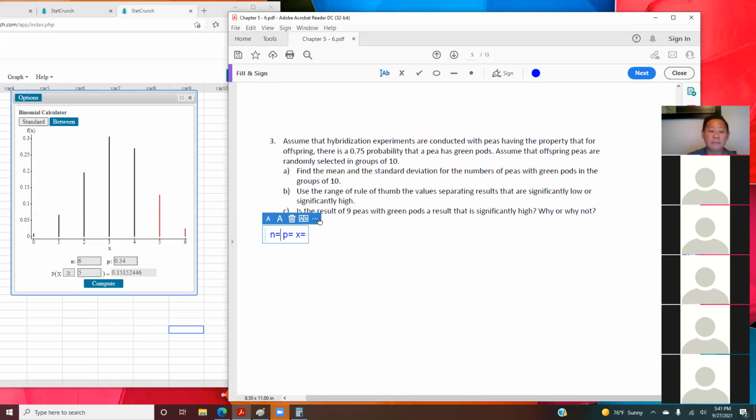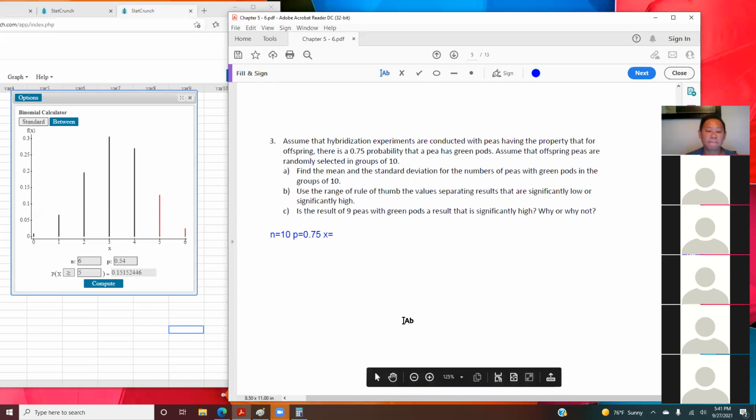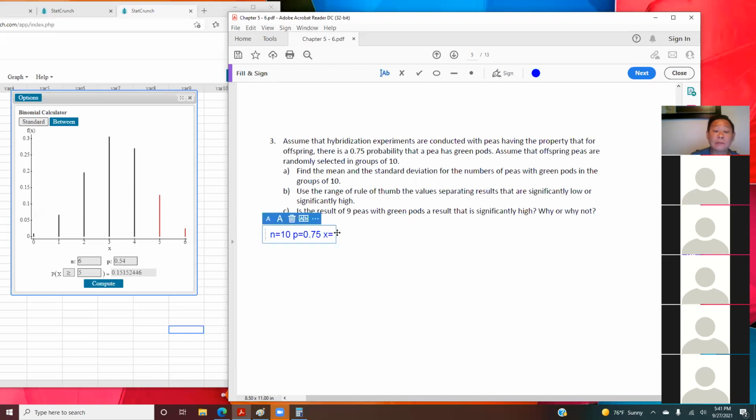Then P is 0.75, which is given here as the probability of success. Does the question give us X? No. In this case only part C of the question gives us X.